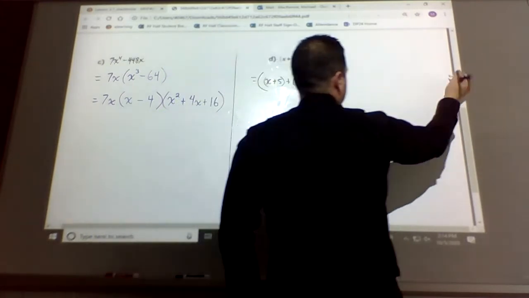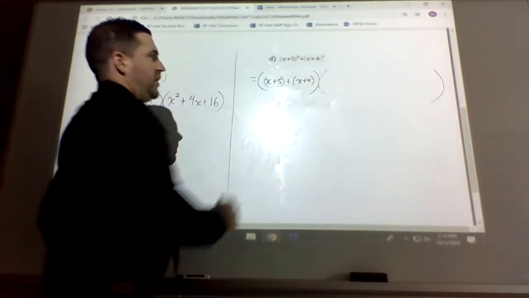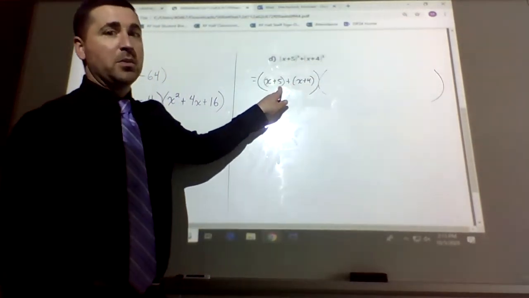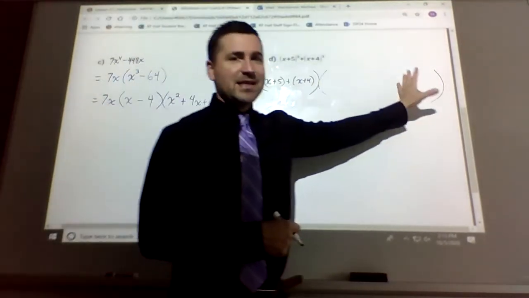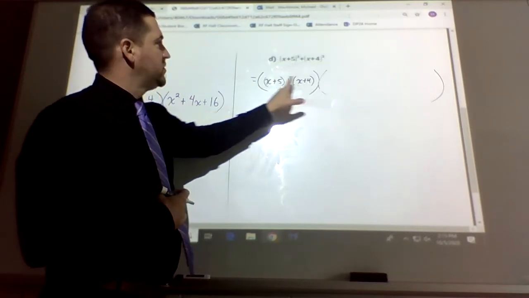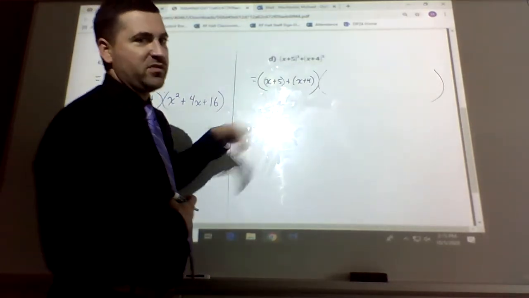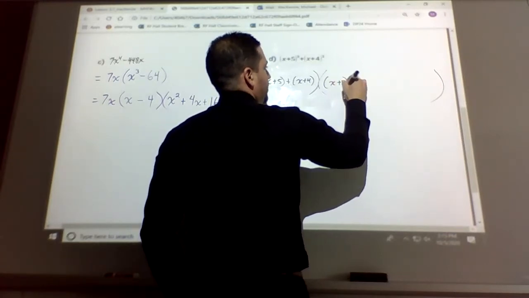Okay, this one's going to take a few steps. So our a value is x plus 5, and our b value is x plus 4. Now I'm getting to the second part of the bracket. So a squared comes first. We're taking the a value, x plus 5, and squaring it. So we get x plus 5 squared.